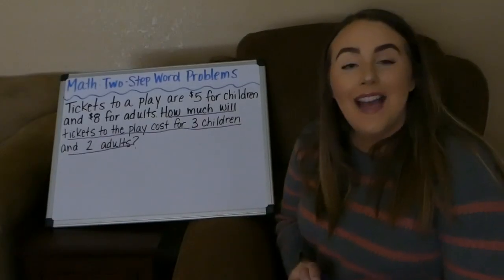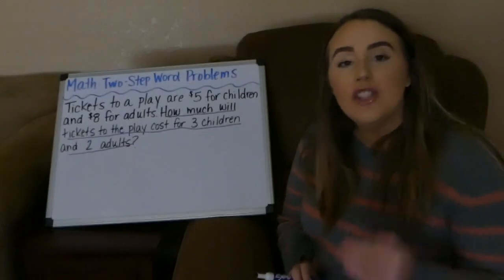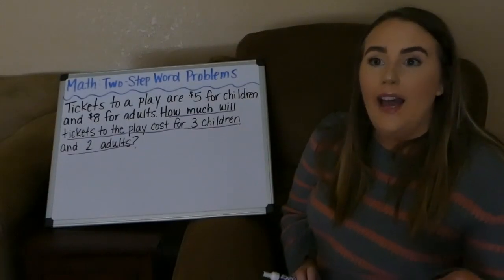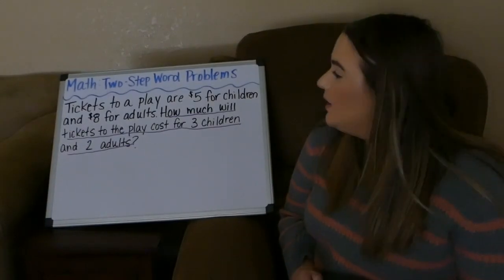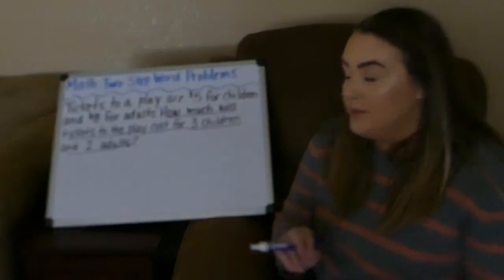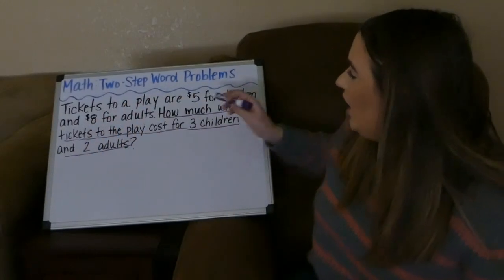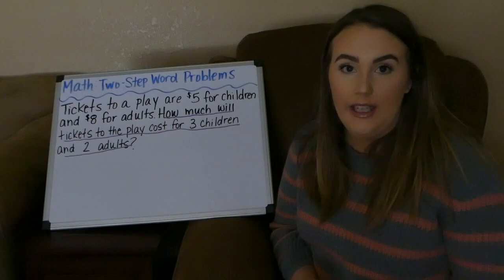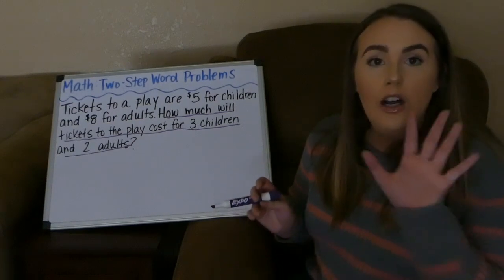Okay, so now what I need to do is go back and circle key information that is important. So let's start from the beginning of the problem. Tickets to a play are $5 for children. So if I take a child, it's going to cost me $5.